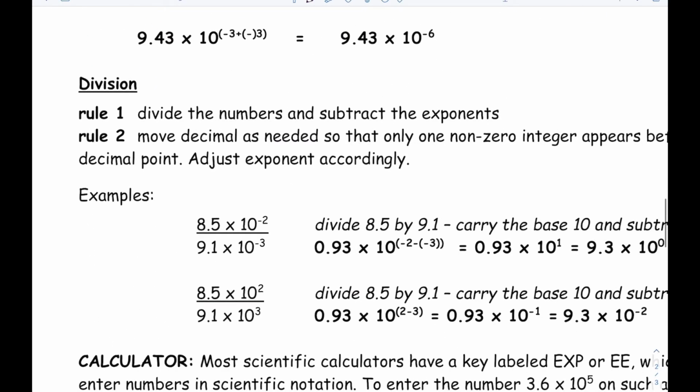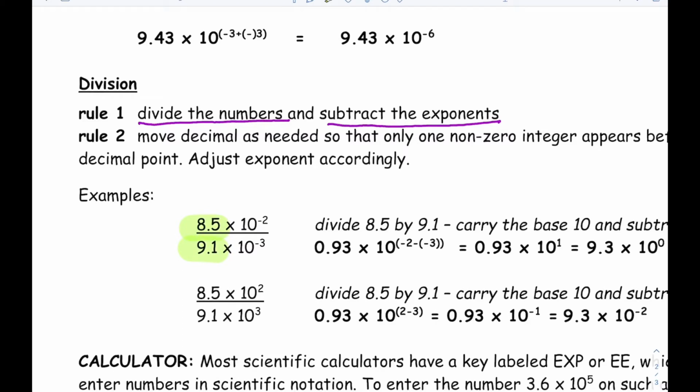For division, it's a similar idea. We're going to divide the numbers that are given to us before the base 10 and then subtract the exponents. So let's take a look at our numbers. 8.5 divided by 9.1. That's 2 significant digits in each of those values.